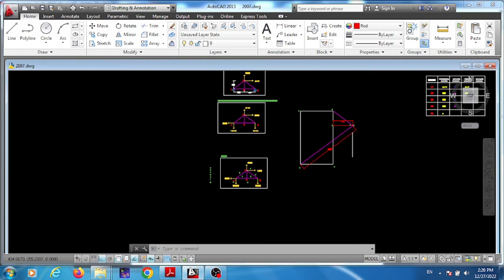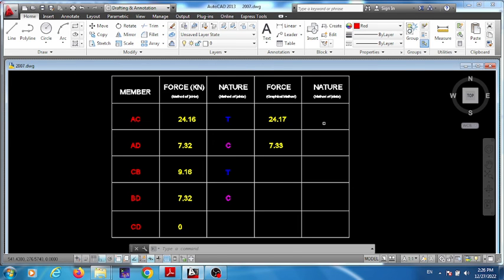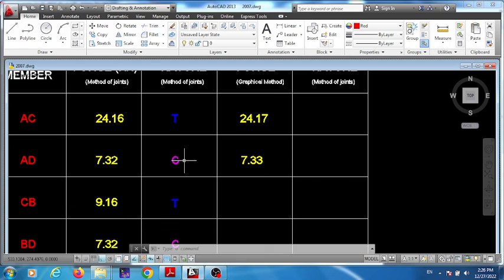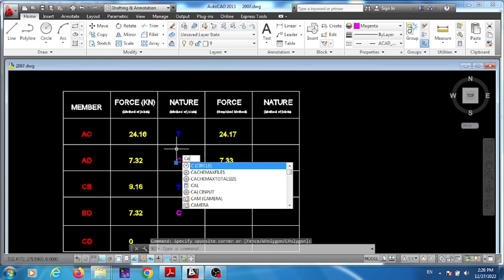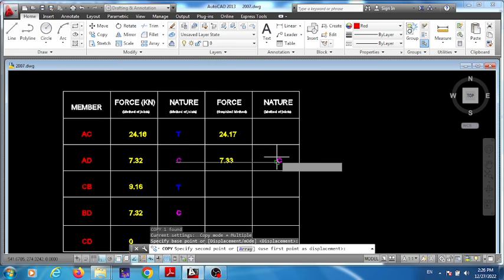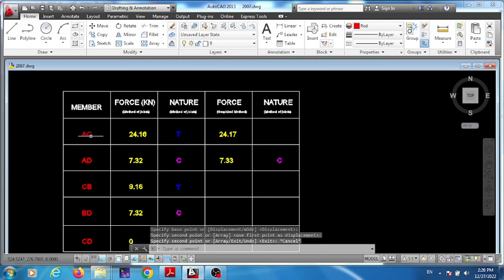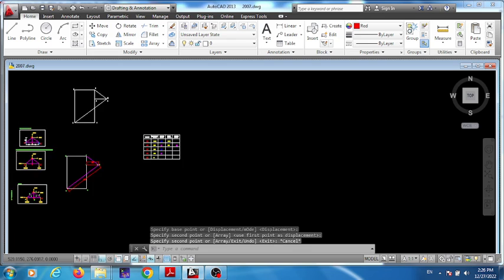So AD member must be in compression. Here you can see manually we have found the nature compressive, and graphically we also have found the nature compression.